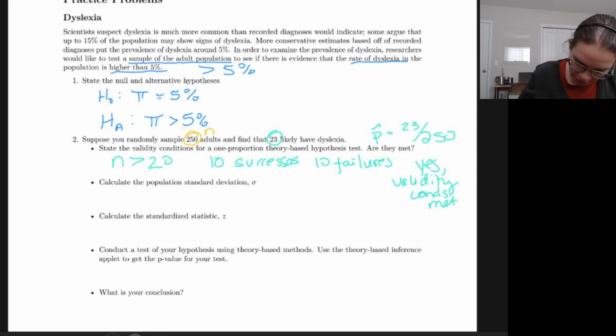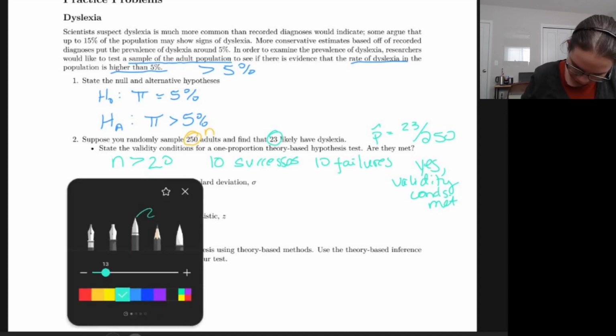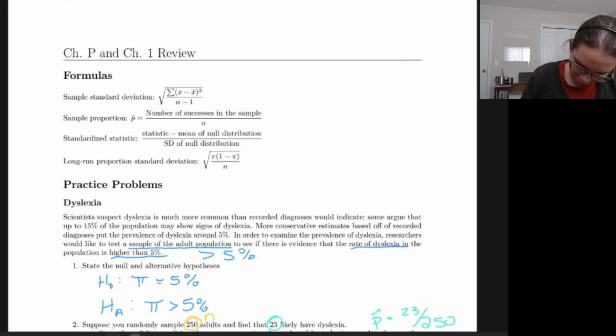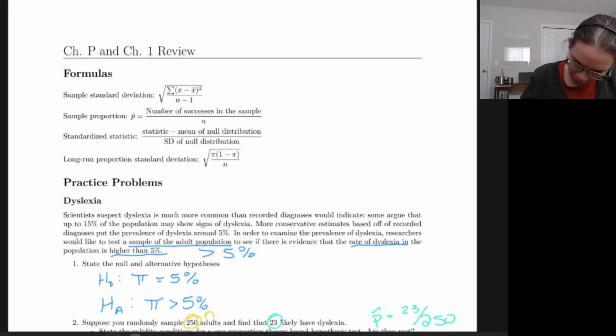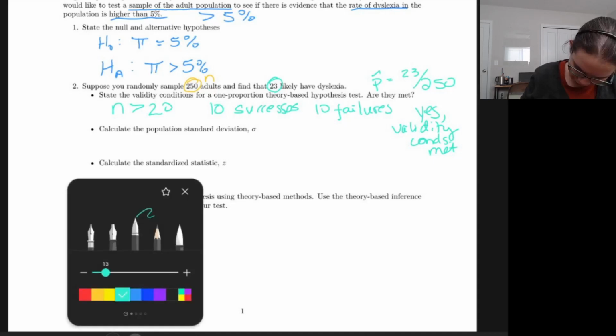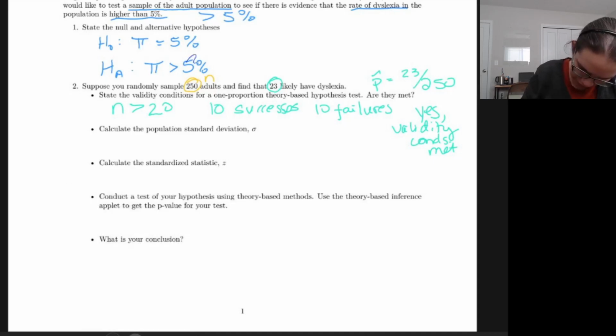Now we have to calculate the population standard deviation. To do that, I'm going to peek up here and see that it's the square root of pi times 1 minus pi over n. So pi is 5%, so the square root of 0.05 times 0.95 over 250.